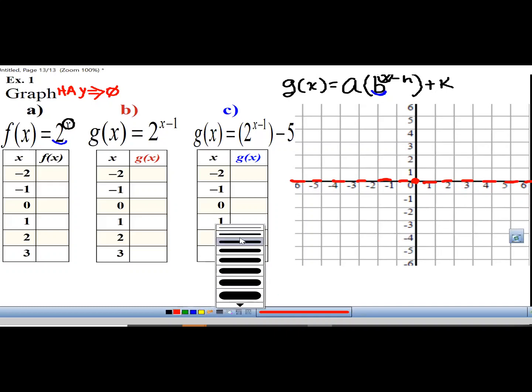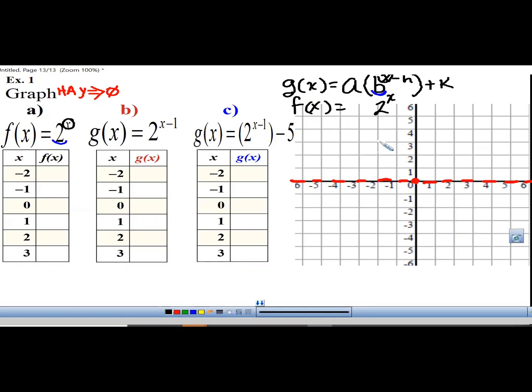Okay. Wait, Mr. Q, can you explain why it's 0 again, please? Okay, yes. So if I was to write this underneath here, watch. Okay, what's missing? It doesn't have an a, it doesn't have an h, and it doesn't have a k right there. And what do we know about k?